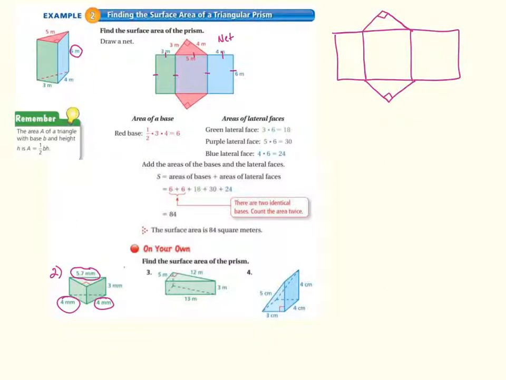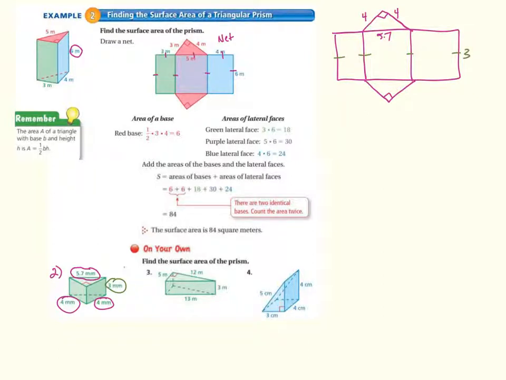The 3 numbers that we circled are going to be your 3 edges of the triangle. You just have to make sure that the 2 legs that come together to form the right angle match up. So this will be 4, this will be 4, the other one will be 5.7. Now the 3, which is the height of the prism, is going to be all those lengths right there.